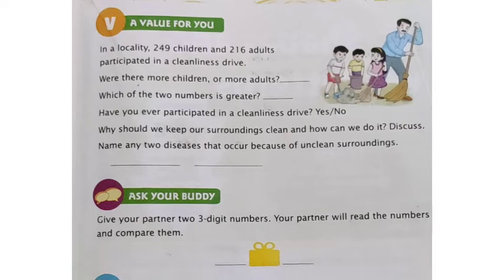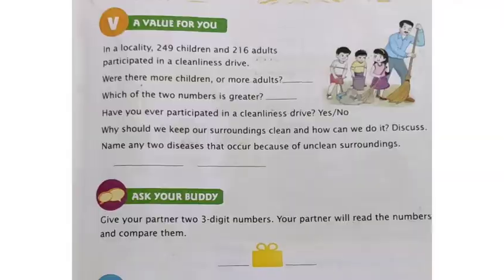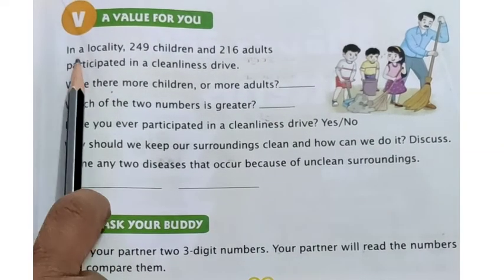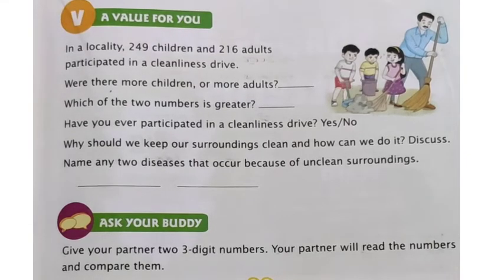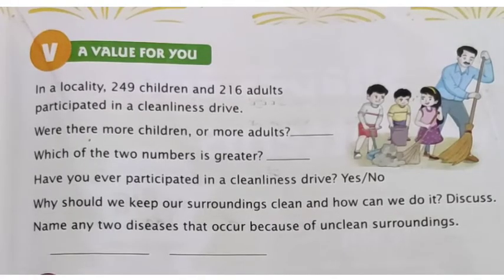All of you open page number 75 and write today's date, children. Here is a heading for you, a value for you. I'll read the question for you. In a locality, 249 children and 216 adults participated in a cleanliness drive. In a locality means in an area there is a cleanliness drive to keep the surroundings of their houses or the area clean.